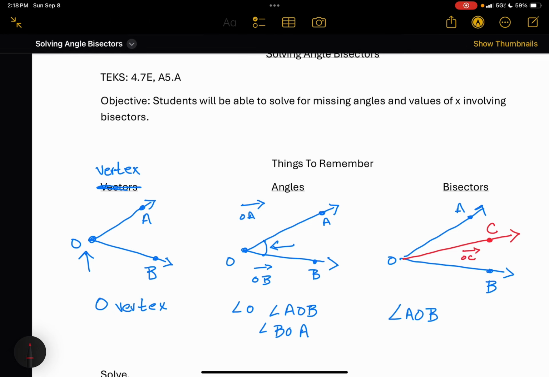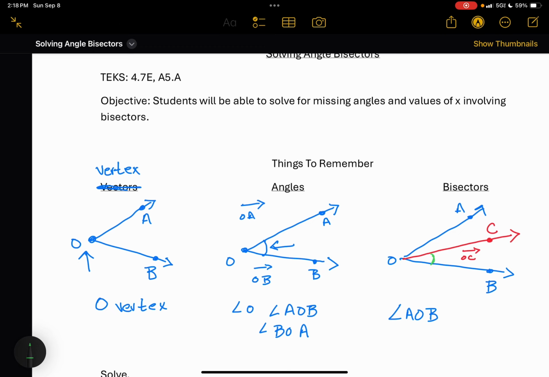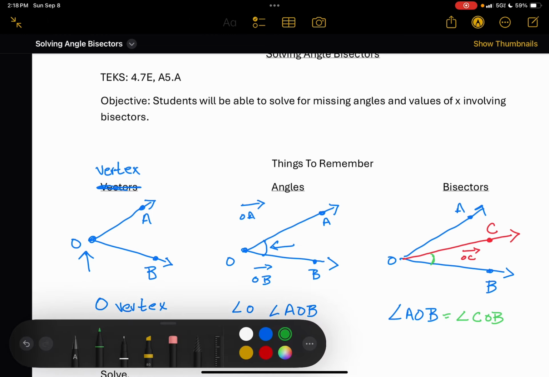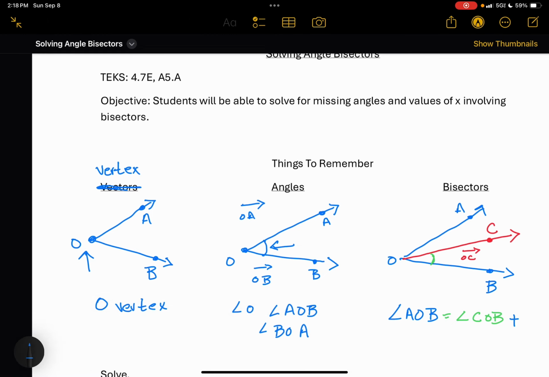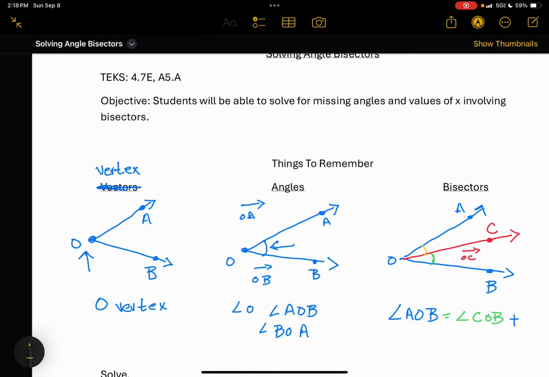So when we look at this, I have an angle here, that would be angle COB. And when I add that with the other side, it's going to give me my entire angle. So with this angle over here, angle AOC, those two angles together are going to equal the entire angle, okay?